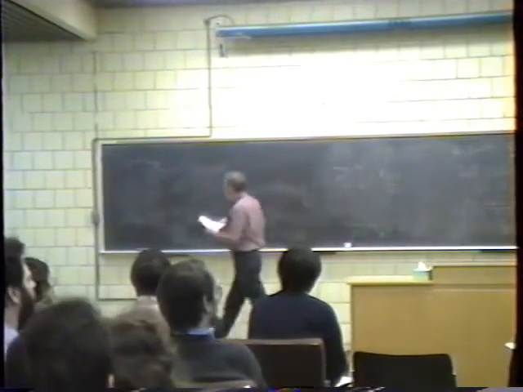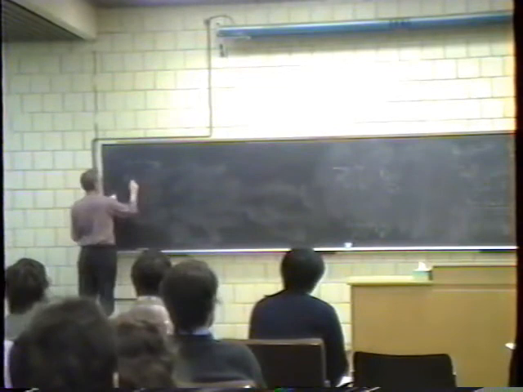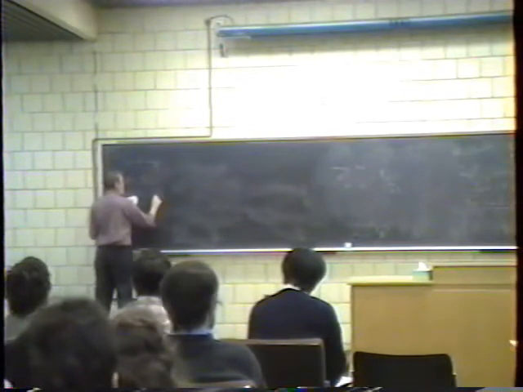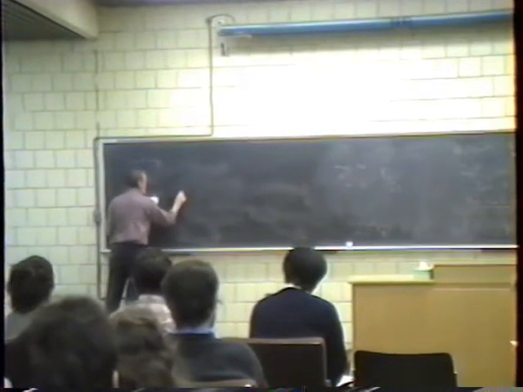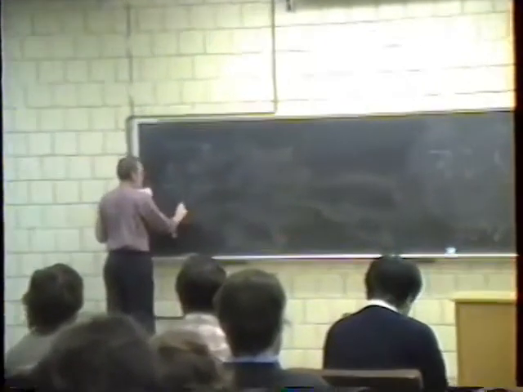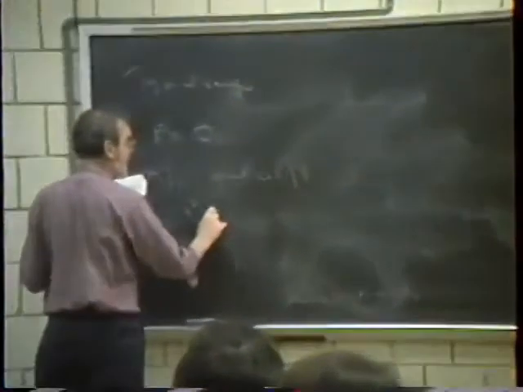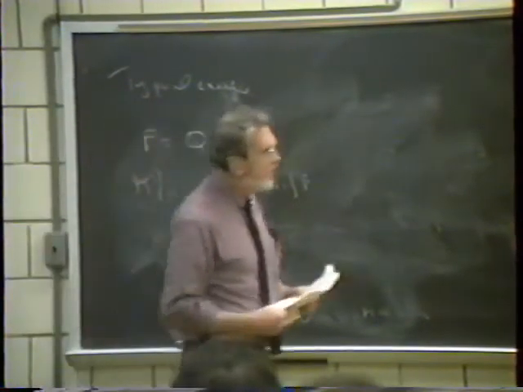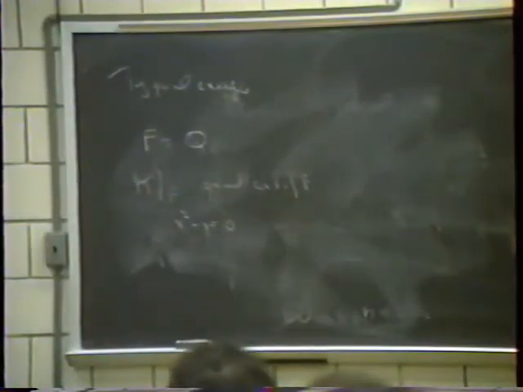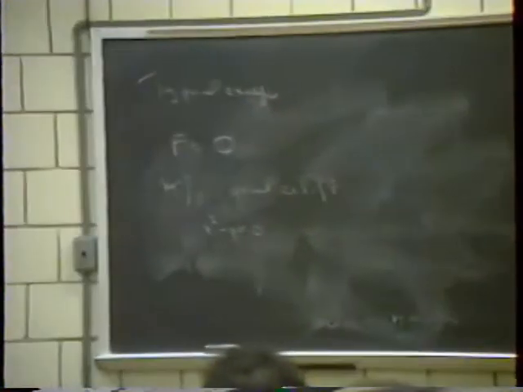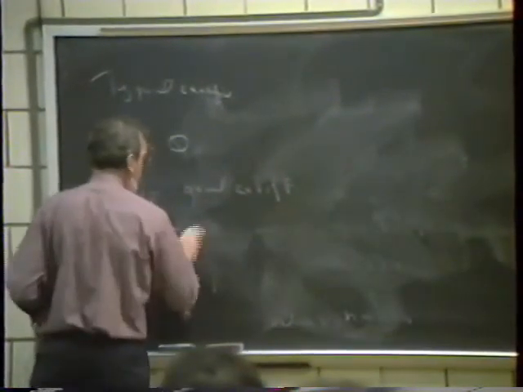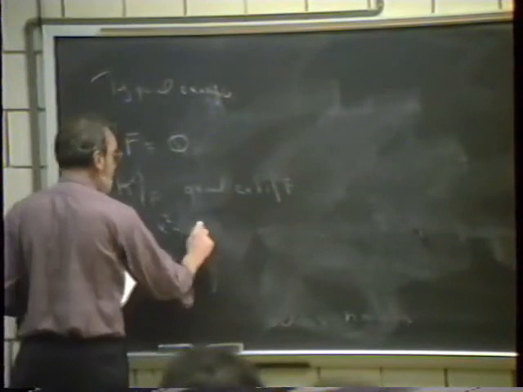I could say, take F equal to Q, take a quadratic extension of F, defined by an equation x squared minus a equals 0, where a is a rational number.